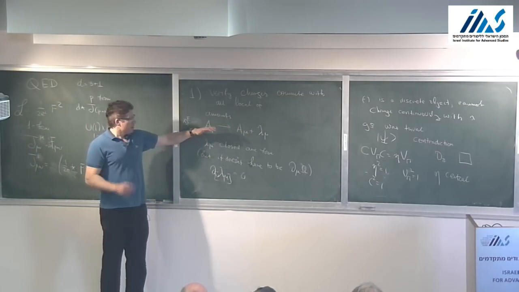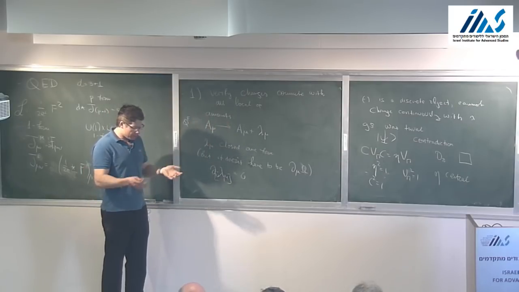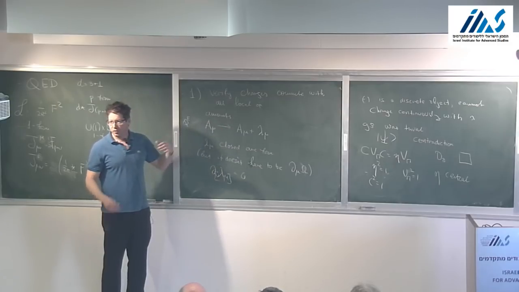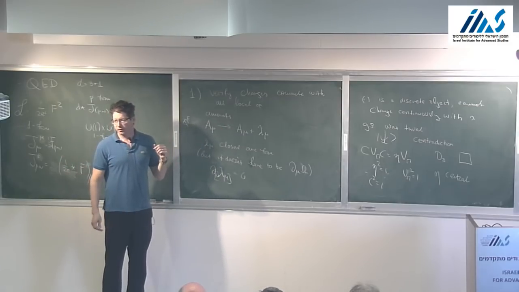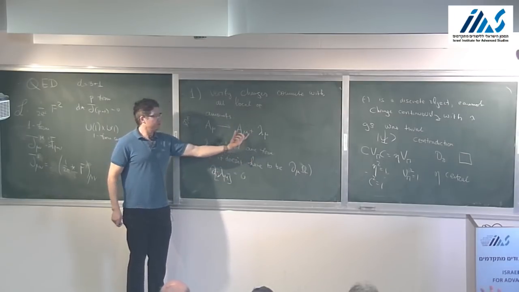That's a quick way to see that local gauge invariant operators can never be sensitive to such a symmetry, because local gauge invariant operators are constructed out of the field strengths, and since this is closed, this is never going to influence the field strengths.